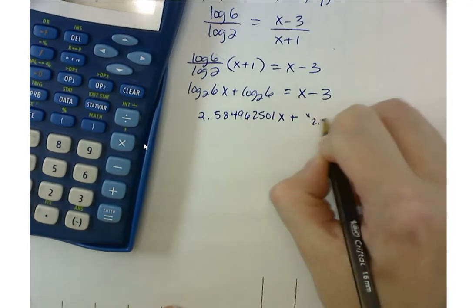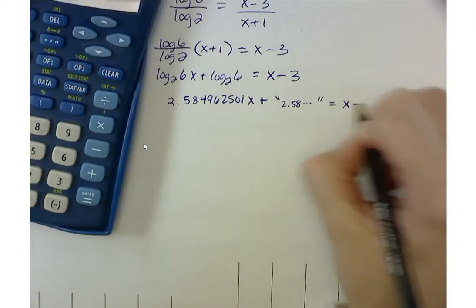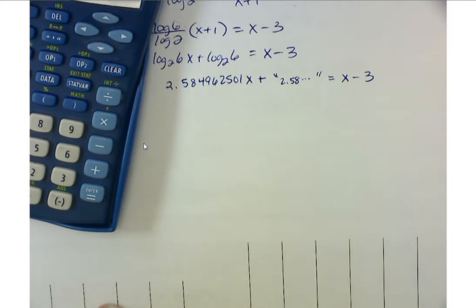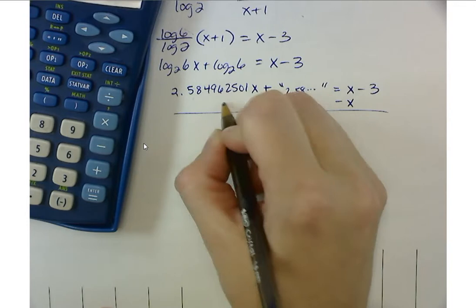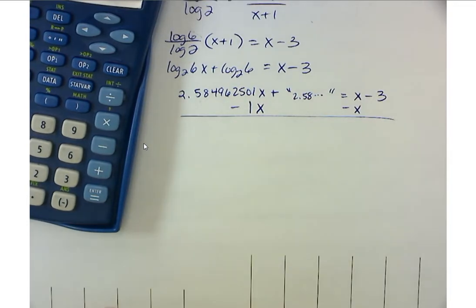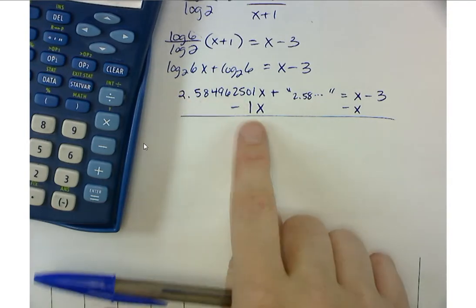So that 2.58 would be plus 1 equals x minus 3. This is usually the part that people do wrong. They move over the x, and remember that you're just subtracting 1x. This is going to be the 2.58 blah, blah, blah minus 1.